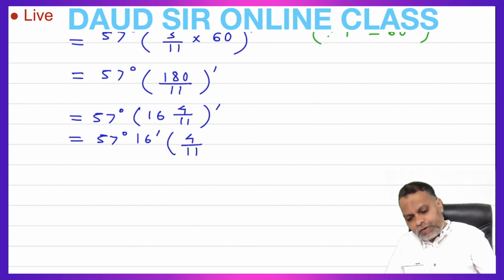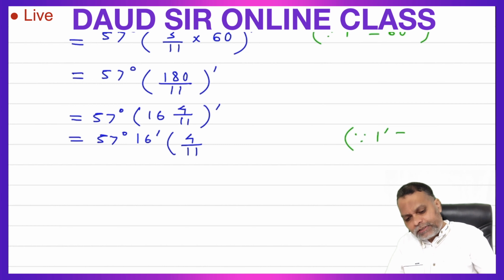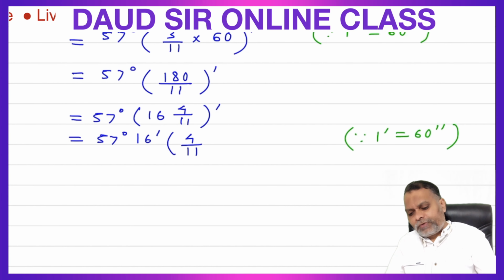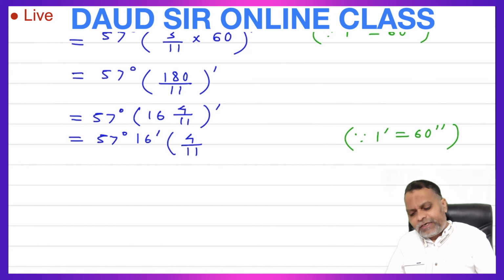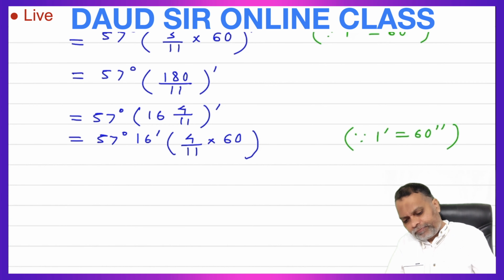So since 1 minute is equal to 60 seconds, for 4 upon 11 minute, just multiply by 60. So this much seconds.